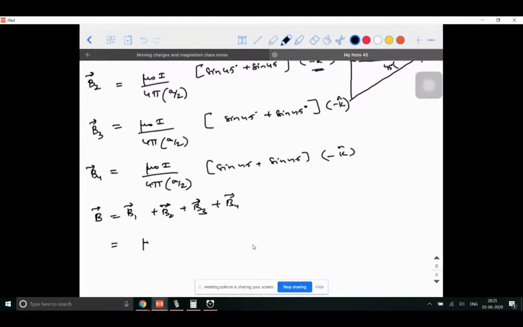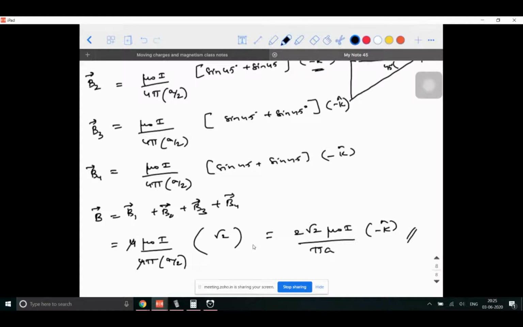Mu naught I divided by 4 pi into a by 2 into sine 45 plus sine 45, which is root 2. Here there is a 4, so 4 and 4 will cancel. You will have 2 root 2 mu naught I divided by pi into a, in the direction of minus k. This is the required answer.